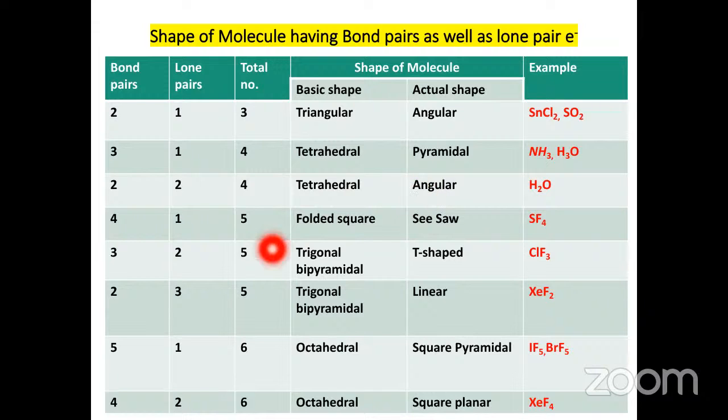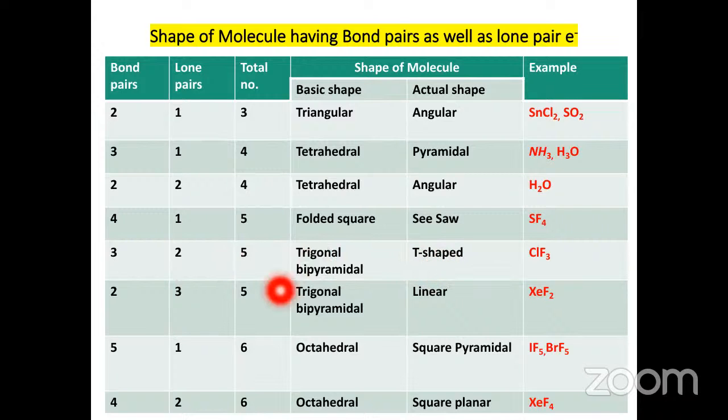Next, if the number of electron pairs is 5, then the shape is trigonal bipyramidal, but if out of these 5 electron pairs, 4 are bond pairs and 1 is lone pair, then the shape changes to seesaw structure. Next, if the molecule has 5 electron pairs, then the shape is trigonal bipyramidal, but if it has 2 lone pairs, then the shape changes to T shape.